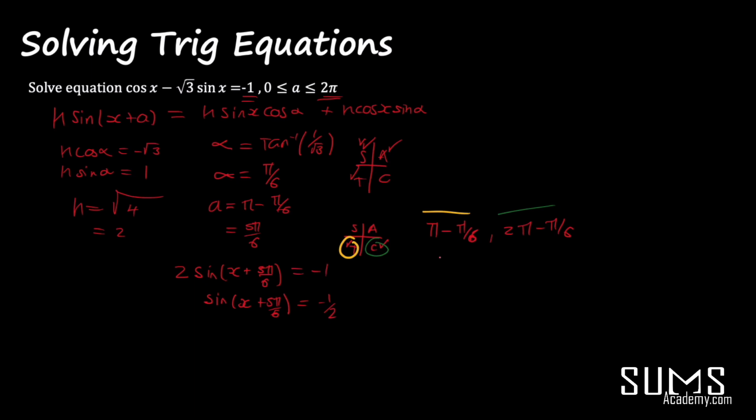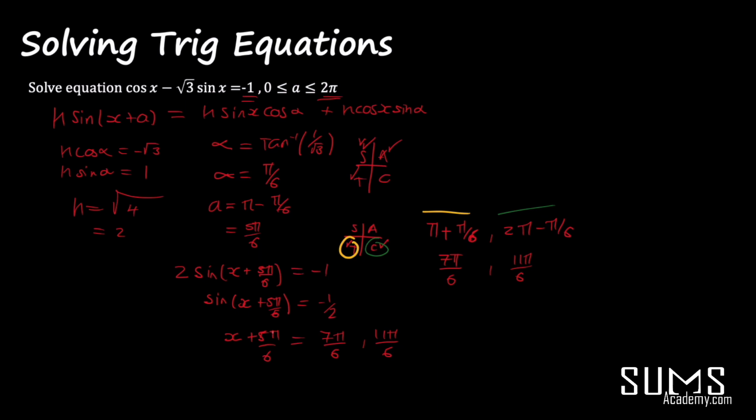Okay, so we're going to be working these out from here. So what will that be? It's pi plus here, so 7 pi over 6, and this will be 11 pi over 6. So back here we're left with x plus 5 pi over 6 is equal to 7 pi over 6 and 11 pi over 6.